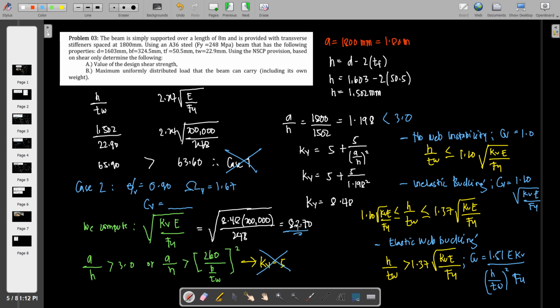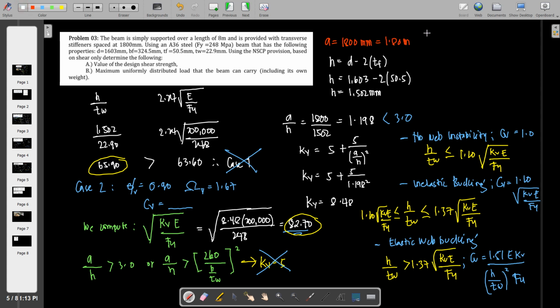And I think meron na rin tayong H over TW. So, ito yun. For the first scenario, kapag no web instability, ano ba yung value ng 1.1 square root of KvE all over Fy?